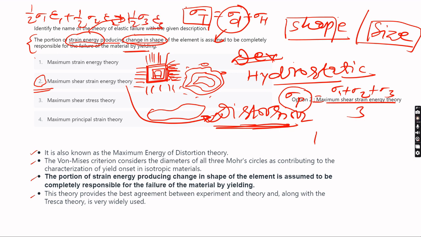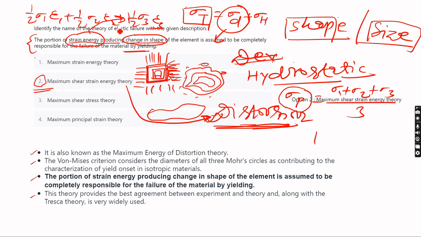Here you are writing in terms of principal stresses, so you are finding the total strain energy in terms of principal stress. There is no shear component here, so don't be confused. I will explain that part also. For now you are finding it in terms of principal stress.